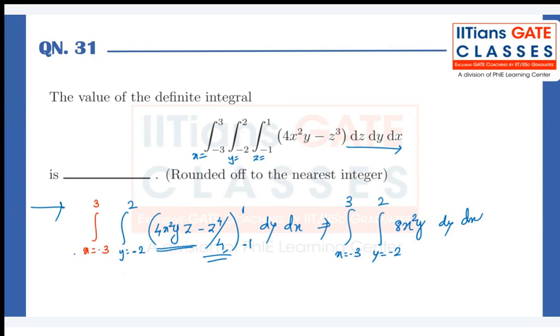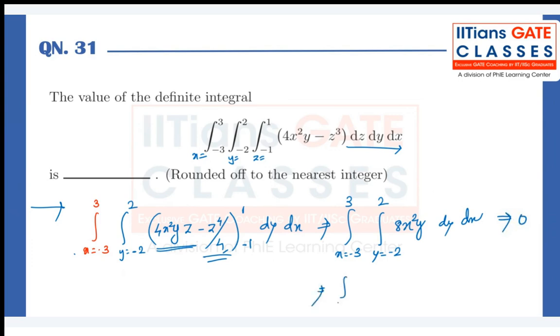At this point, you should understand that whenever you take the integration with respect to y, the 8x square term will be constant, and the integration of y is y square by 2. Y is basically an odd function, and we have an odd function with opposite limits. The value of the integration is 0. Hence, at this stage itself, you can say the answer is 0.